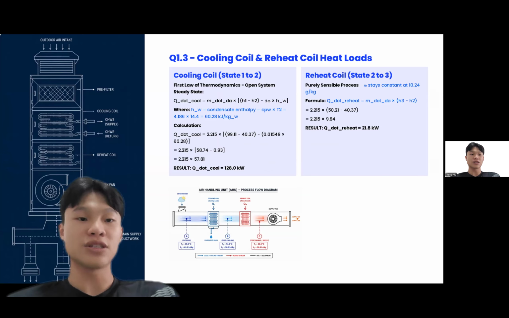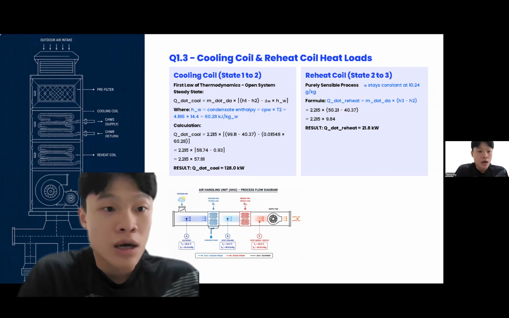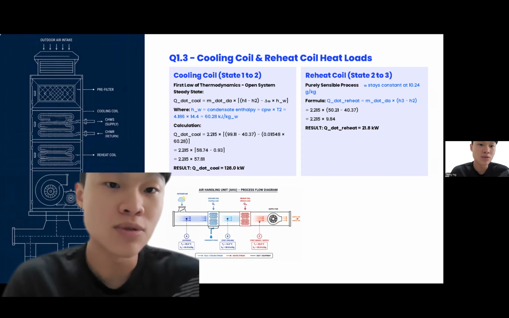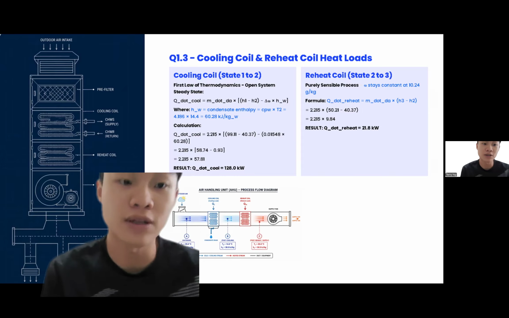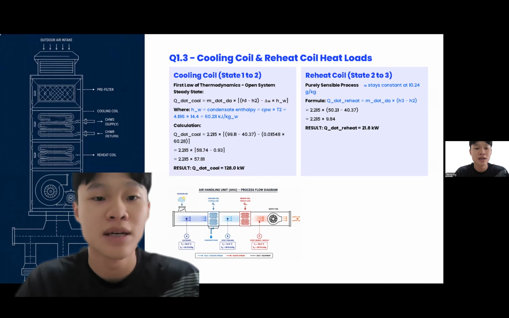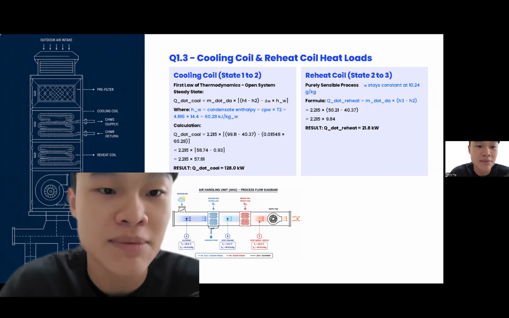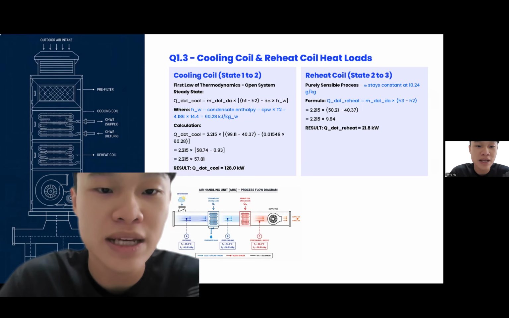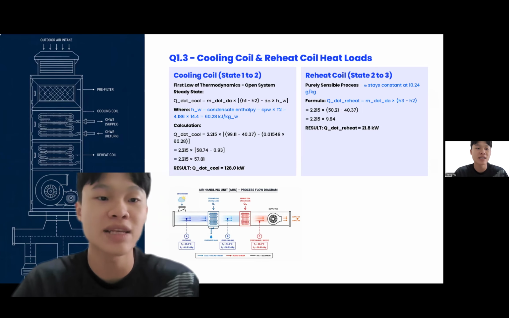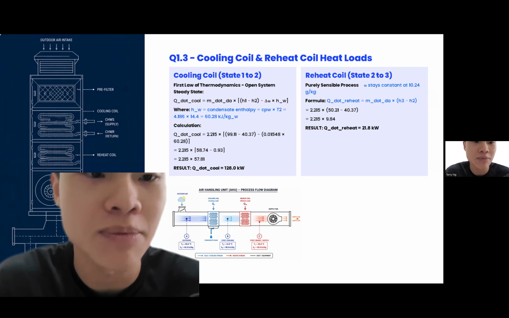Now the heat load calculations, both using the first law of thermodynamics for an open system at steady state. Cooling coil, state 1 to state 2: the formula includes a correction for the condensate leaving the system. The condensate carries energy, h equals Cp water times T equals 4.186 times 18.4, giving 90.28 kilojoules per kilogram.